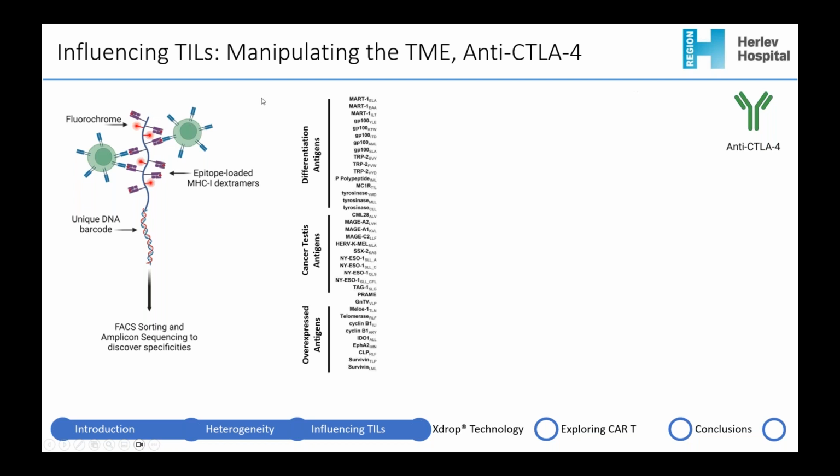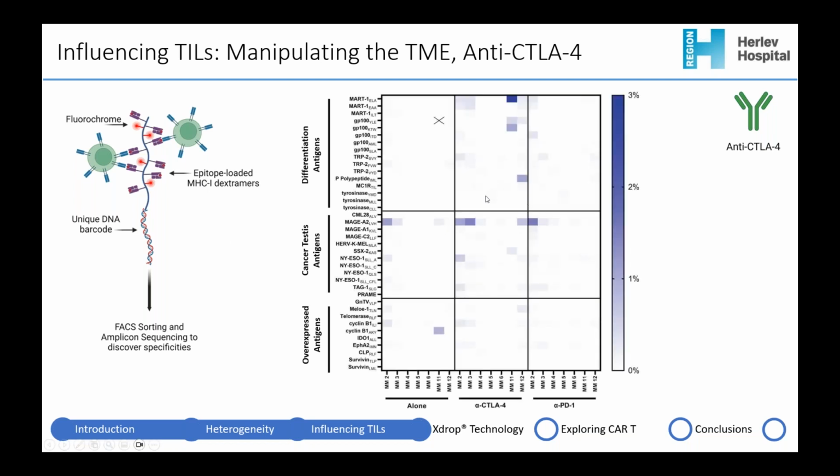On one molecule, there is only 1 of these peptides loaded into all of these MHCs. They also have fluorochromes attached so that we can sort them through FACS. And then using this DNA barcode, we're able to amplicon sequence and, based on the unique barcode, trace it back to which of these peptides the cells are interacting with.